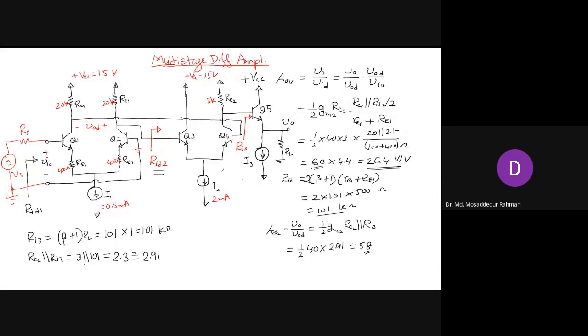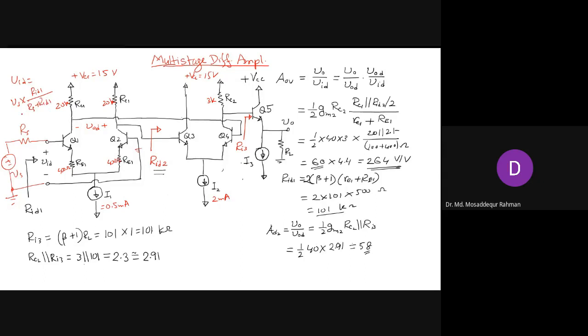Now the VID will not be exactly VS, but there will be some loss here in the source relationship. So VID will be less than VS, and you can calculate VID like this: VID will be VS times RID1 divided by RS plus RID1.